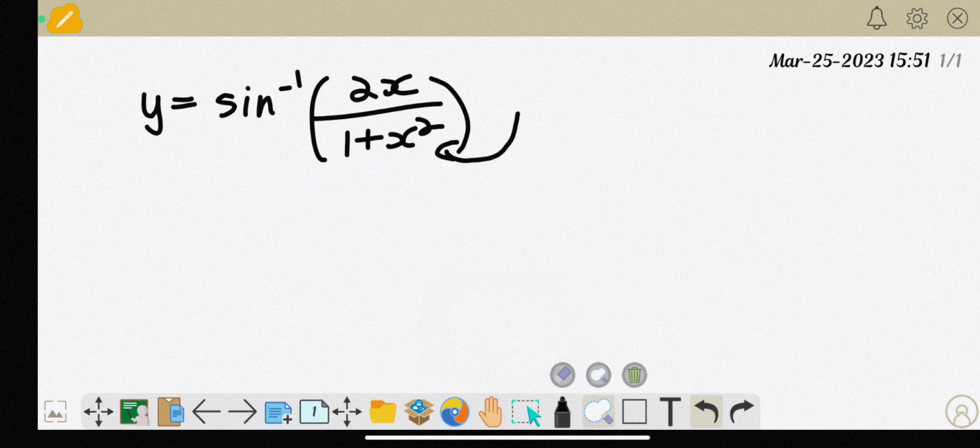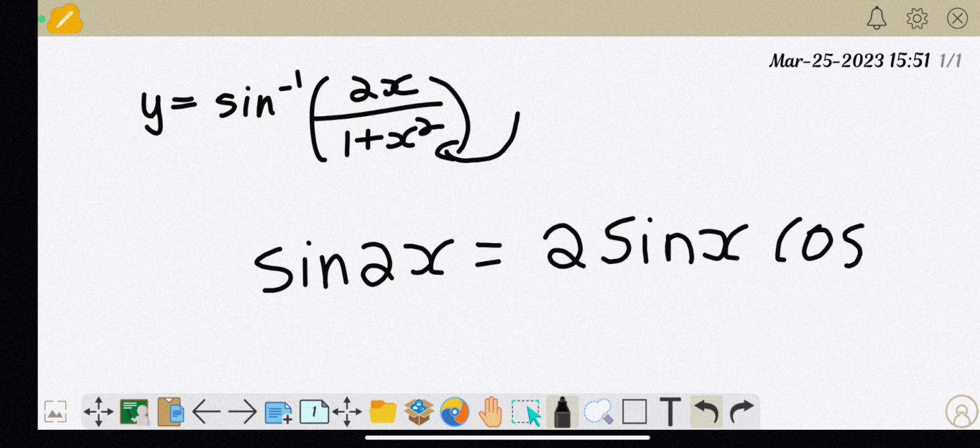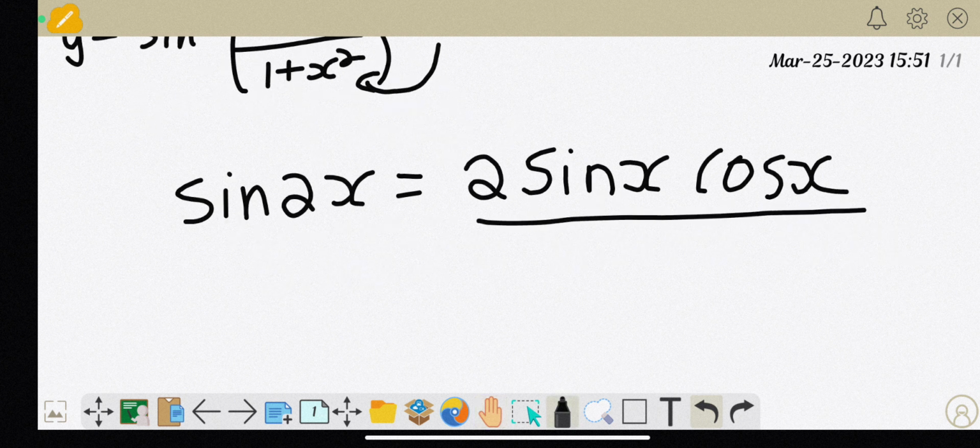So now what we know about this formula, we want to bring the sine function inside this. How can we bring? Okay, so do you know the function sine 2x? Sine 2x, what is the formula? 2 sin x cos x, correct? So if nothing is there, it means there is 1, correct?